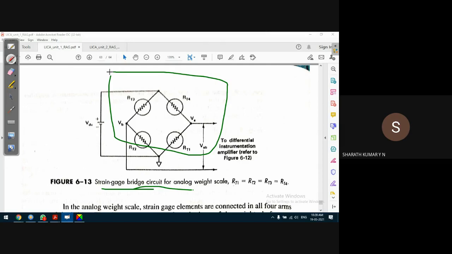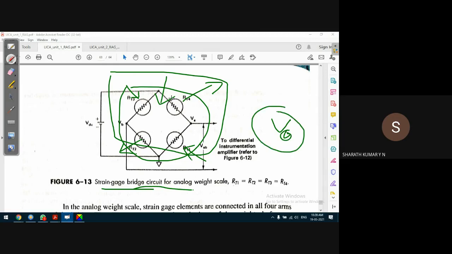When pressure is applied over this weighing scale, two of the strain gauges undergo elongation, two strain gauges undergo deformation. This will cause unbalance in the bridge, and then the output voltage changes. As the output voltage changes, we can measure the force applied to the base, that is, the weighing scale.